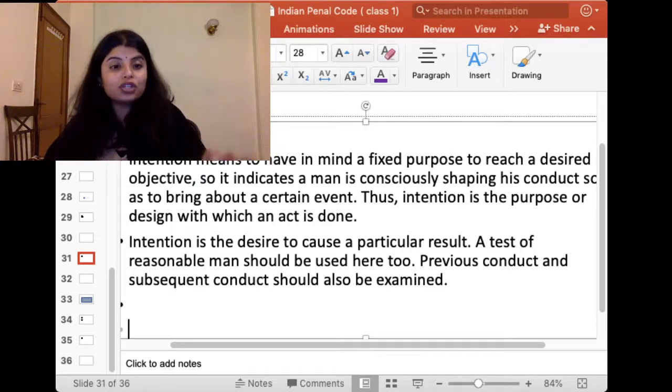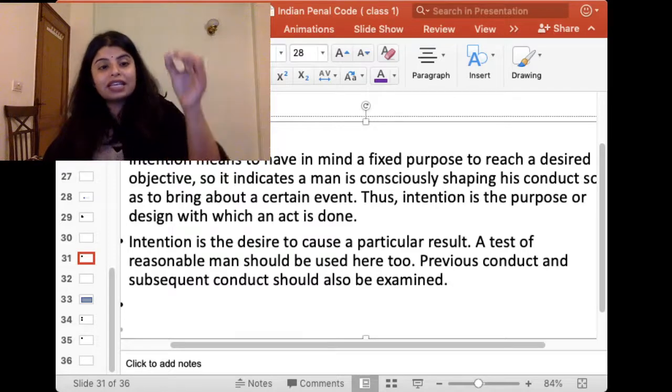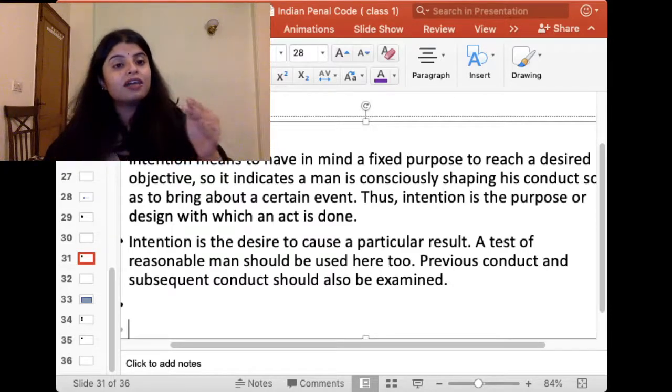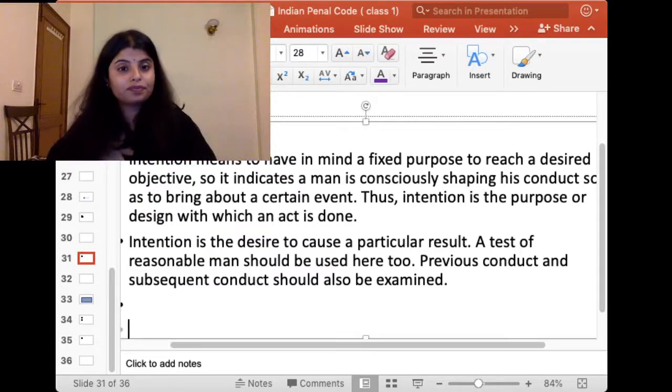Now the intention here, the consciously done thing, is what? The design is to kill him, for achieving a particular result. And what is that result? Inheriting the property. So why this has been done is the motive.